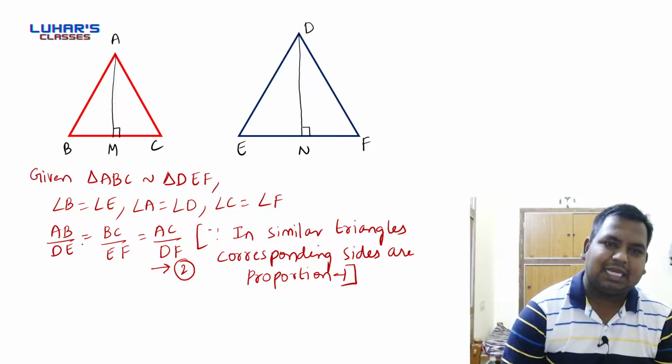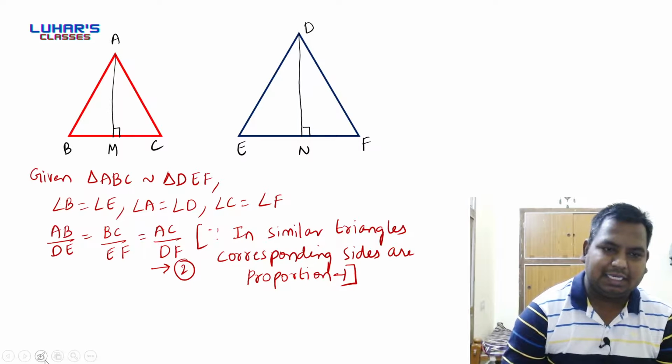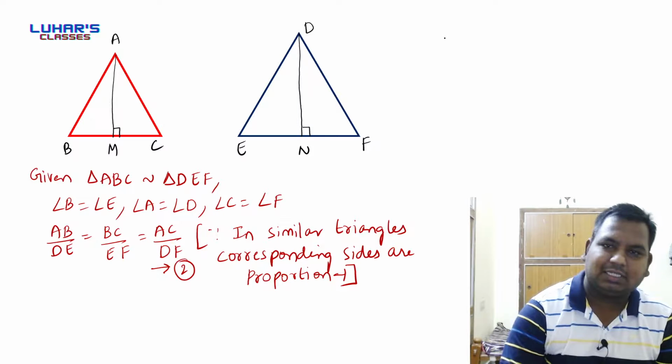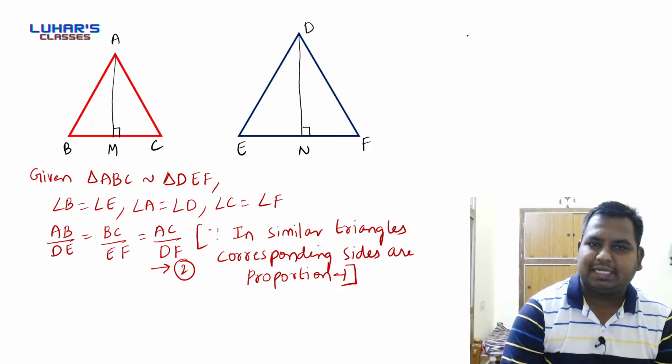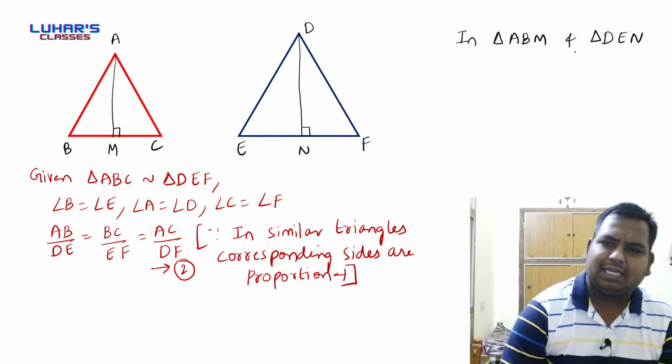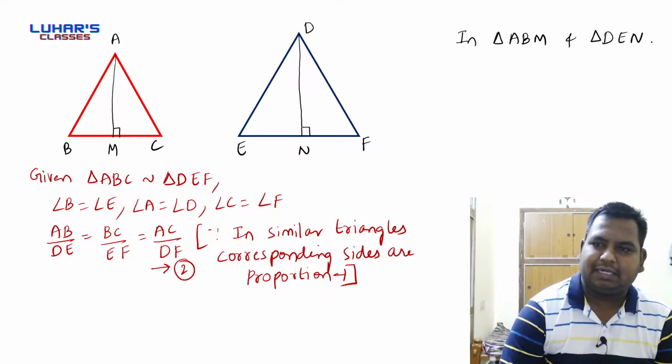Now let us consider triangle ABM and triangle DEN. We have some space here. Okay, we have triangle ABM and we have triangle DEN.